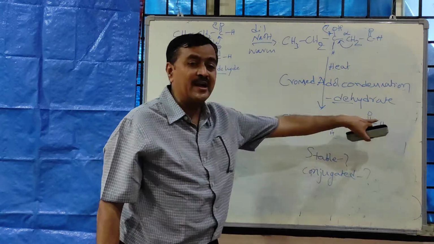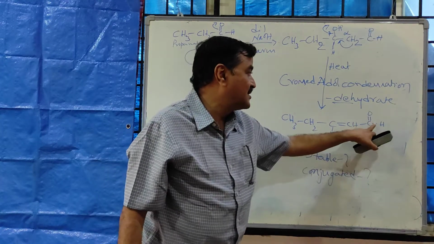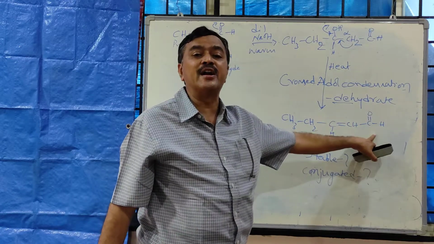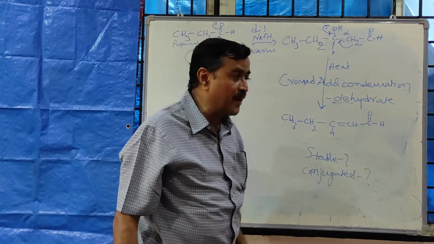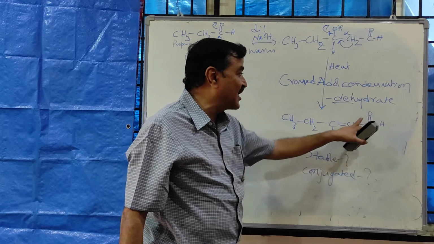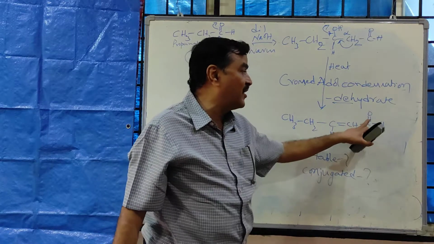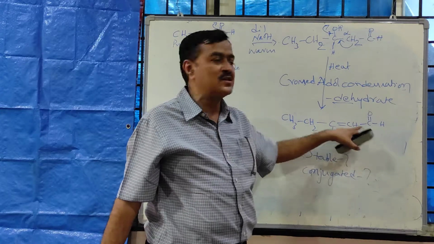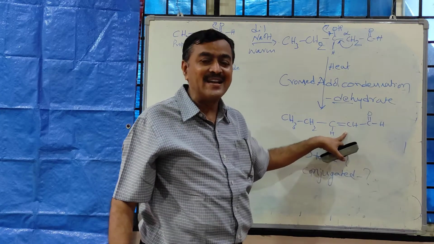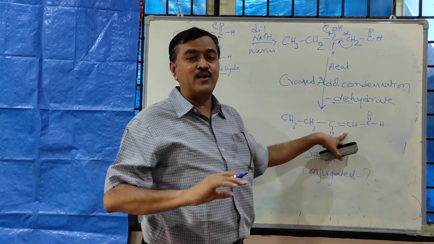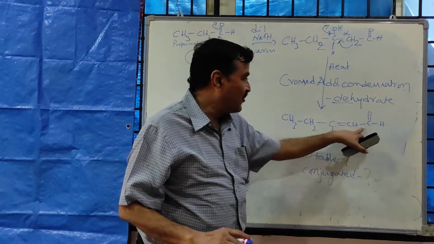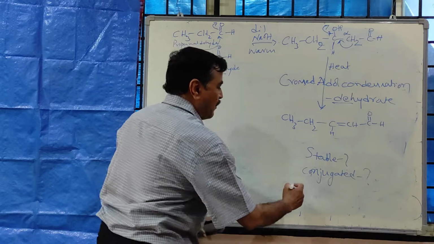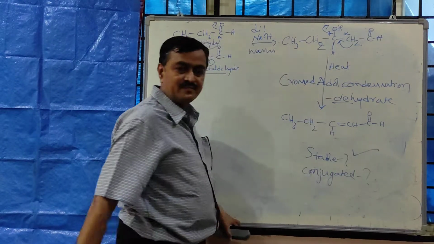Here the double bond is conjugated with C double bond O. The conjugation means this is in conjunction with this. They are present alternate to one another. The double bonds in this compound are present alternate to one another. See here, double bond, single bond, double bond. And if that is there, then this compound is stable.